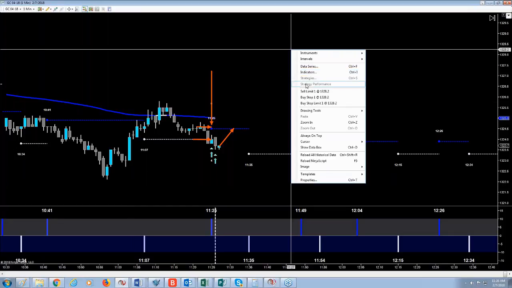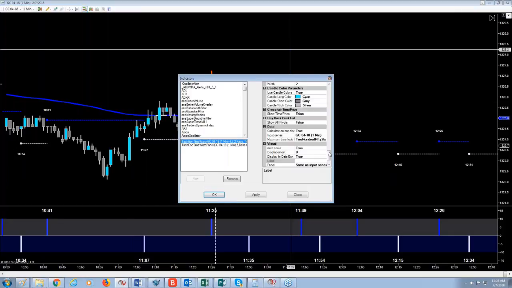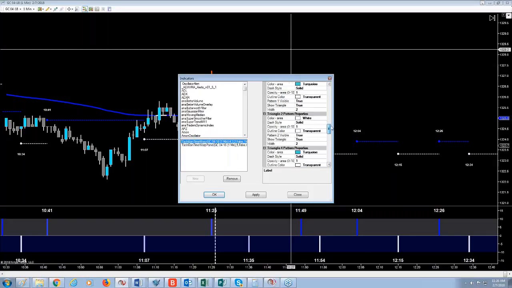So again, if you want to see the patterns, you go up to the parameter that says show live, show historical. You make them both true. Right there, true, true, true.